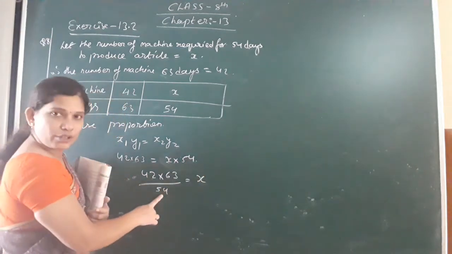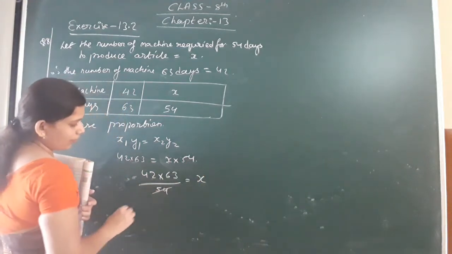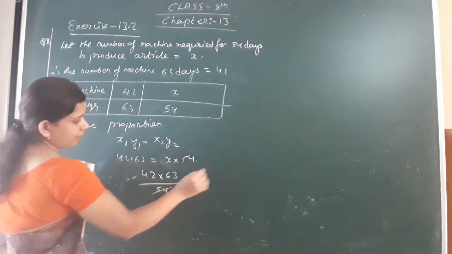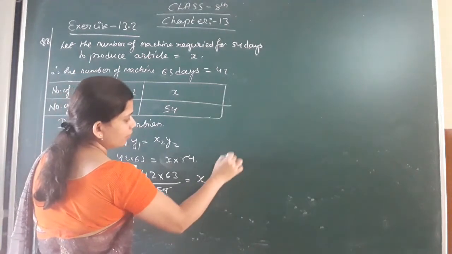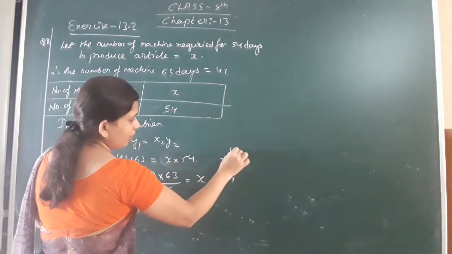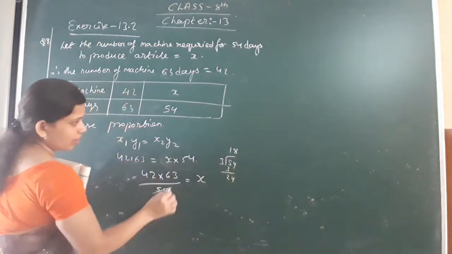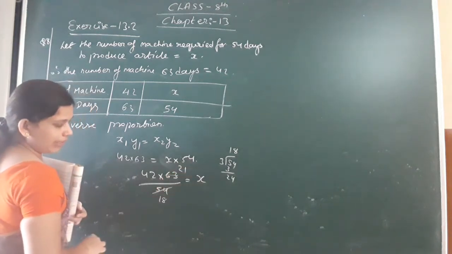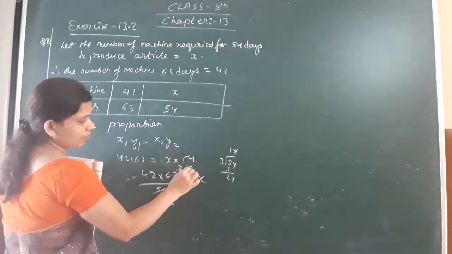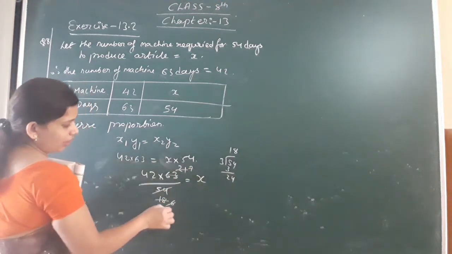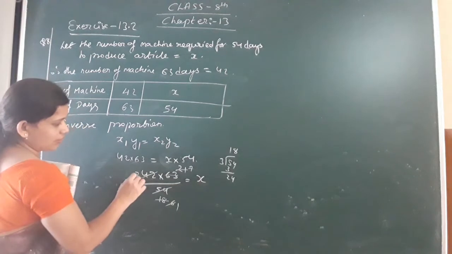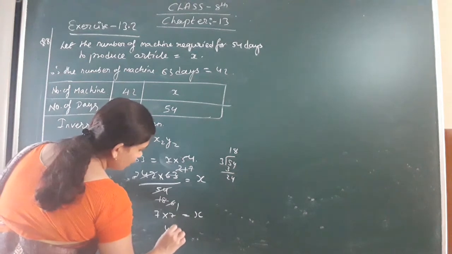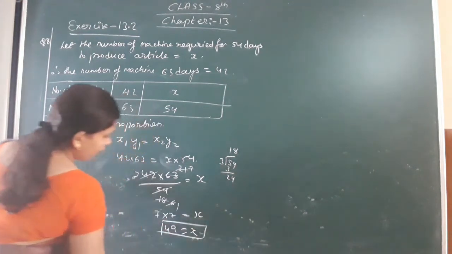Now we are going to cancel by the table of 3 and by the table of 2. 54 divided by 3 is 18, then 18 by 2 gives 9, and so on, until it cancels totally. Again here it will be 1 and here it will be 7. So 7 into 7 is equal to x. So what is the value of x we will get? The value of x we will get is 49.